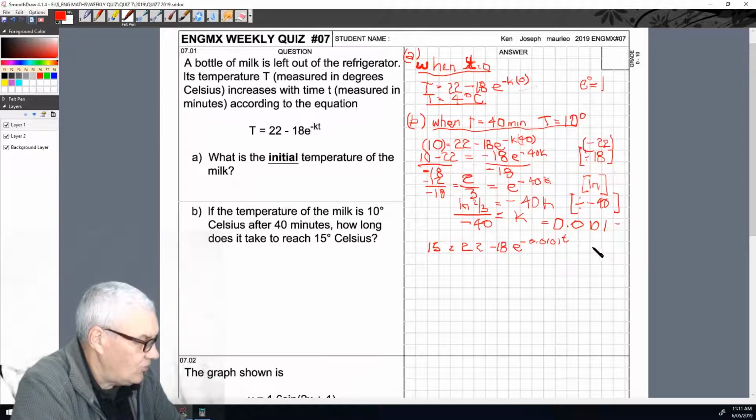So once again, we subtract 22 from both sides.